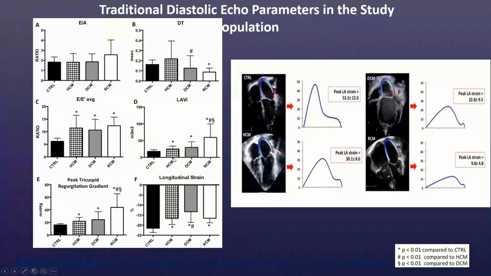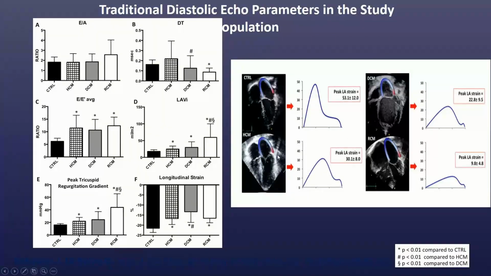And the same applied to left atrial volume indexed for body surface area. On the contrary, similar to what was demonstrated by the Roberto Lang group, we found a progressive deterioration in atrial deformation from controls to restrictive cardiomyopathy, going through dilated cardiomyopathy patients and hypertrophic cardiomyopathy patients.